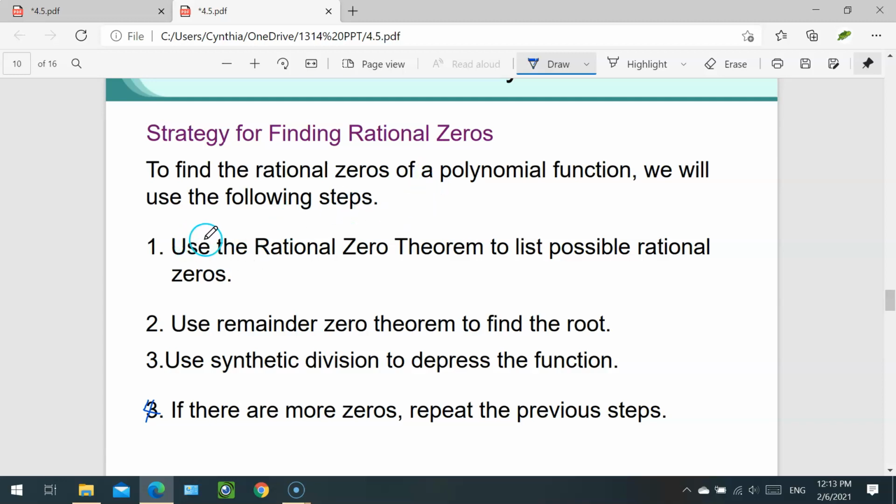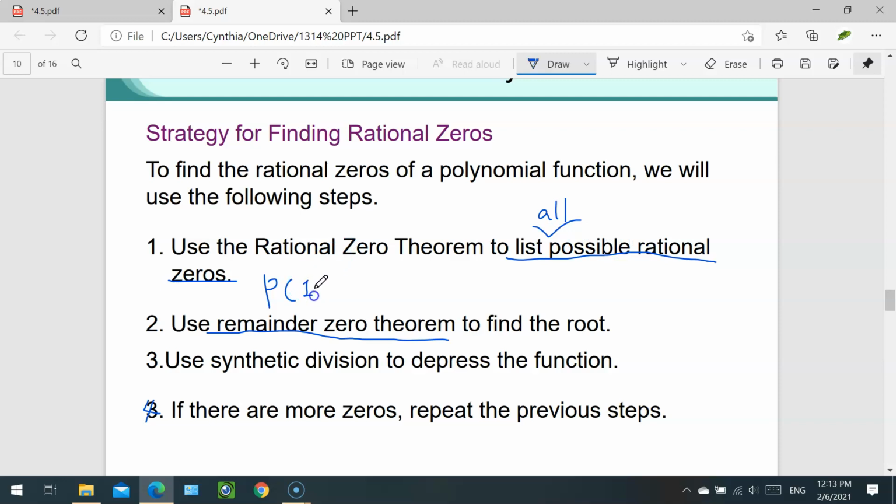The first step is to use the rational zero theorem to list all possible rational zeros. Once you have all possible rational zeros ready, you go with the remainder theorem to find the root. That means you pick a possible rational zero from the list.